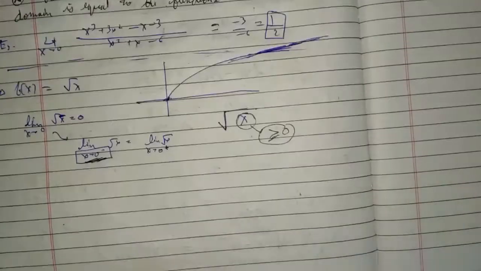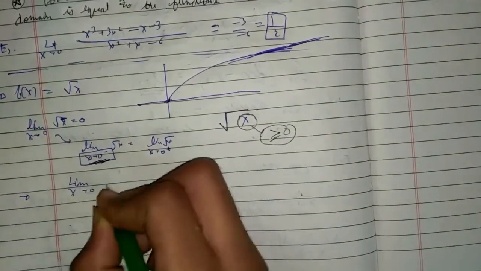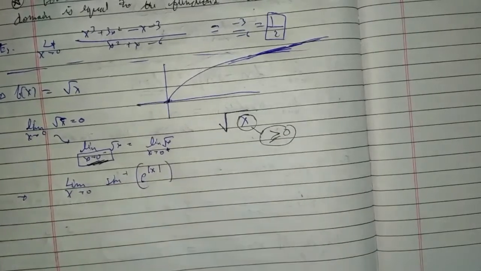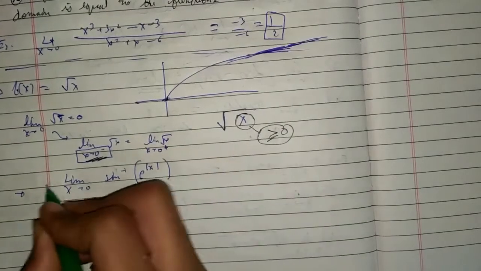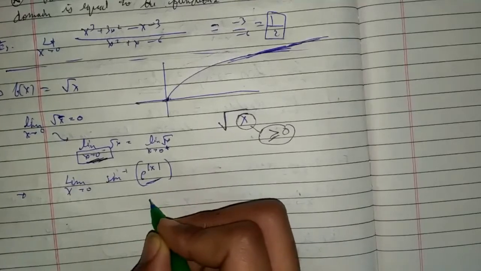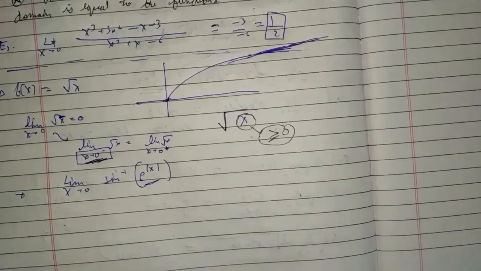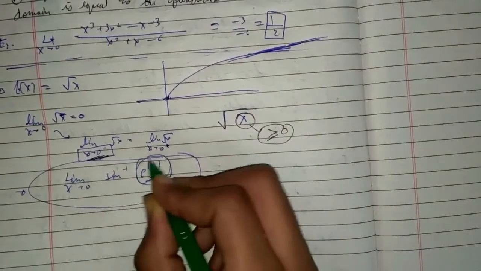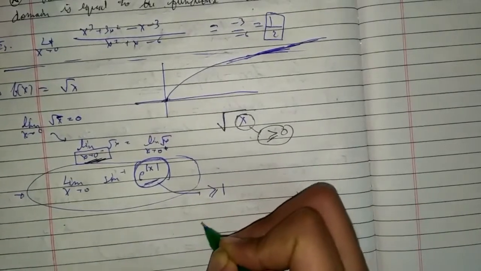Consider another example, that is limit x tends to 0 of sine inverse of e to the power mod x. Here at x equal to 0, this becomes sine inverse 1, that is equal to pi by 2. The function is undefined on both sides of x equal to 0, hence there is no question of a limit, because e to the power mod x is always greater than or equal to 1.